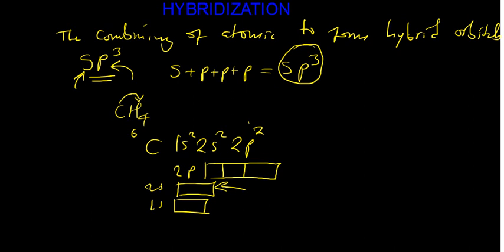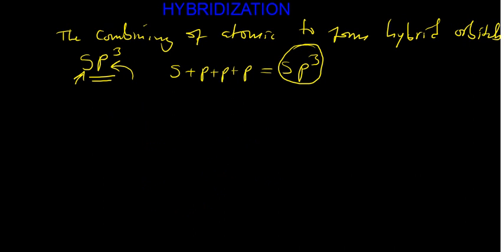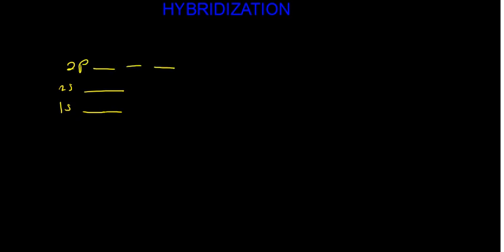So the 2s and the 2p orbitals are the valence orbitals. You have the 1s orbital, the 2s orbital, and then the 2p, which has 3 sub-orbitals.